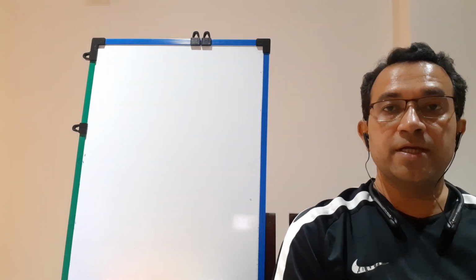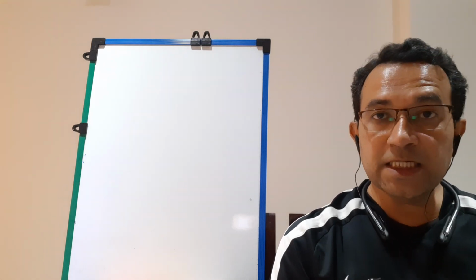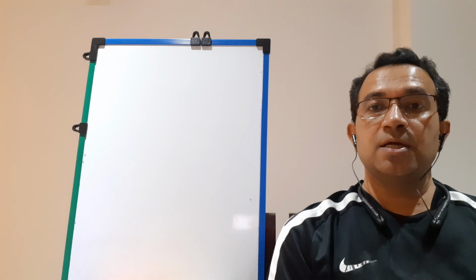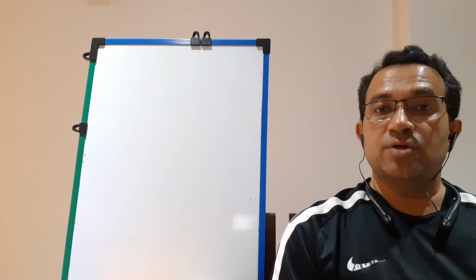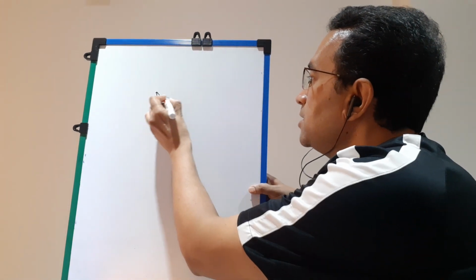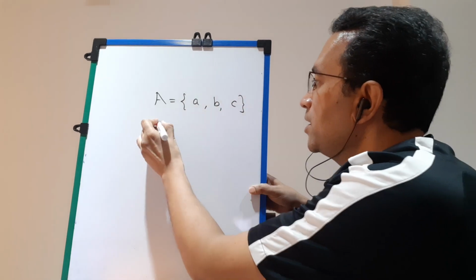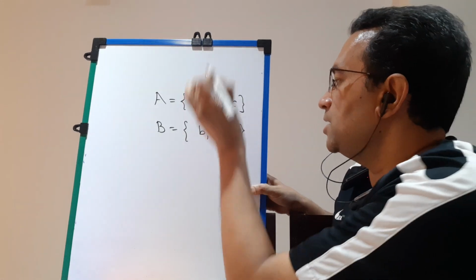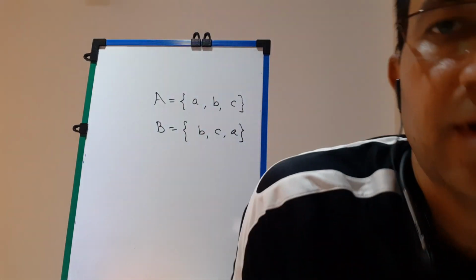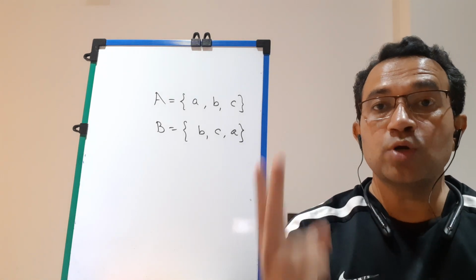Now, students, today we'll start with the definition of equal sets. What sets are called equal sets? Say I have any two non-empty sets A and B. A is equal to {A, B, C}, and set B is equal to {B, C, A}. Now, two sets are equal under two conditions.